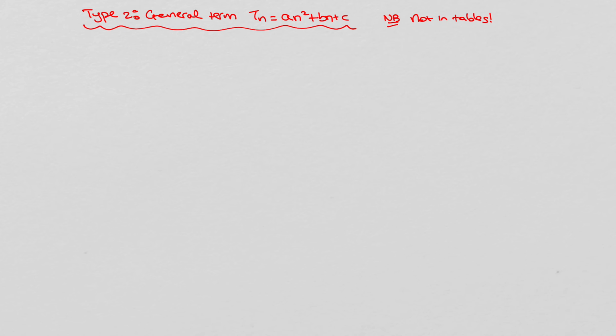So before we look at how to do these questions, we need to figure out what the relationship is about this second difference. In order to do that, we're going to look at the terms either side of the general term for a quadratic equation.